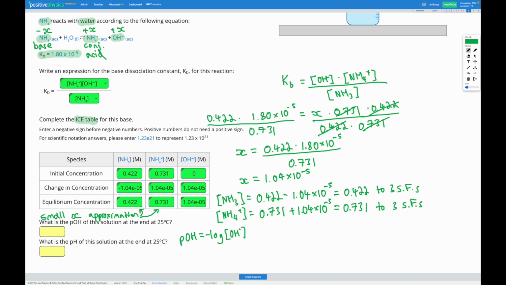And we just calculated the equilibrium concentration of OH minus. It was 1.04 times 10 to the power of negative 5. So if we put that into our calculator, that's going to get us a pOH value of 4.98. Let's go ahead and fill that in.